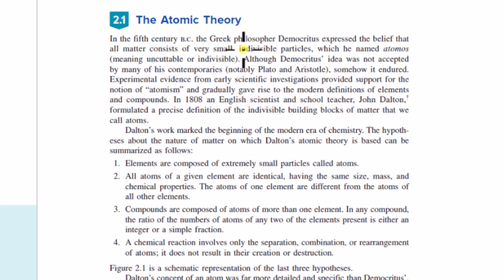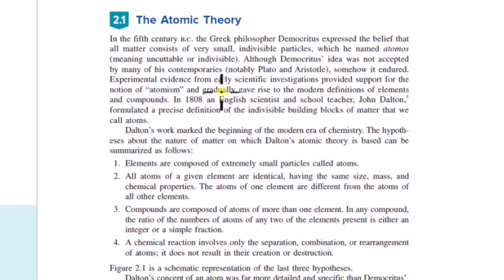Okay, so it says, in the 5th century BC, so well before the late 1700s, early 1800s, the Greek philosopher Democritus expressed the belief that all matter consists of very small indivisible particles, which he named atomos, meaning uncuttable or indivisible. Although Democritus's idea was not accepted by many of his contemporaries, notably Plato and Aristotle, somehow it endured.